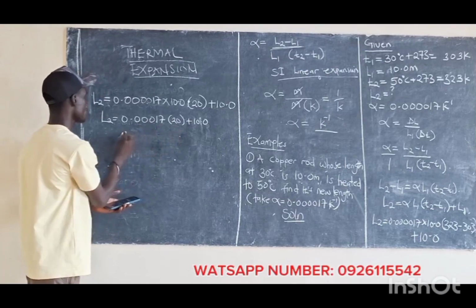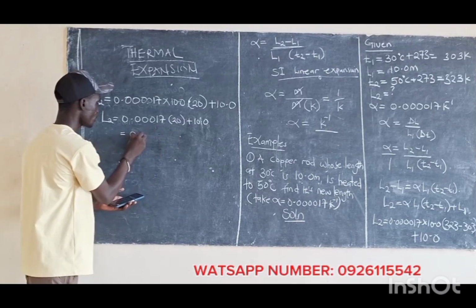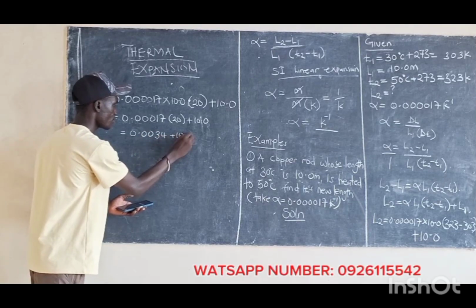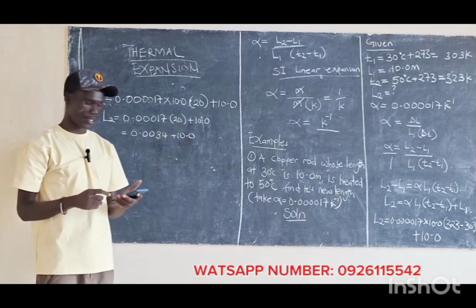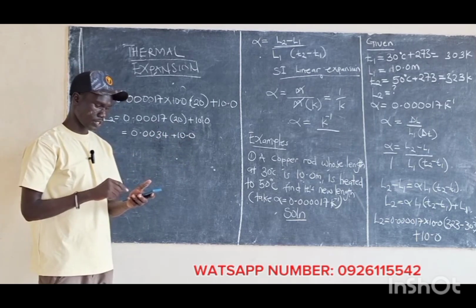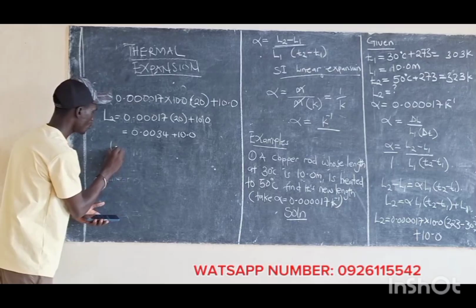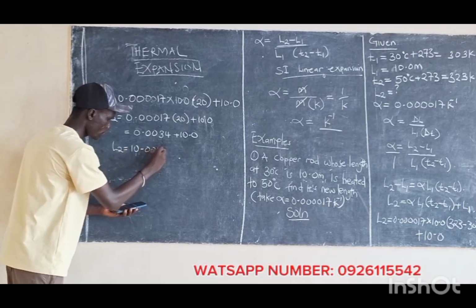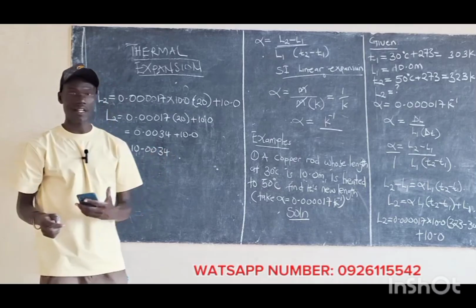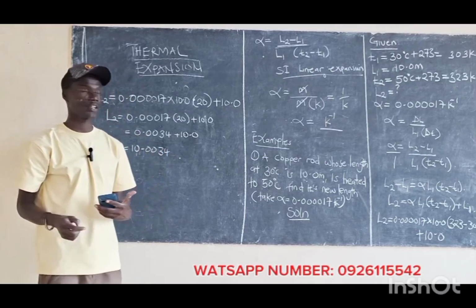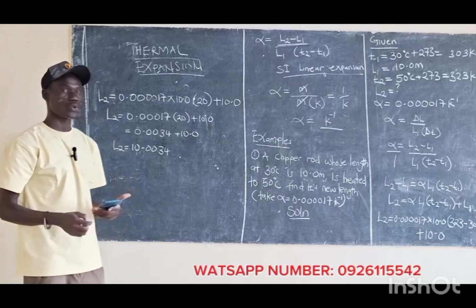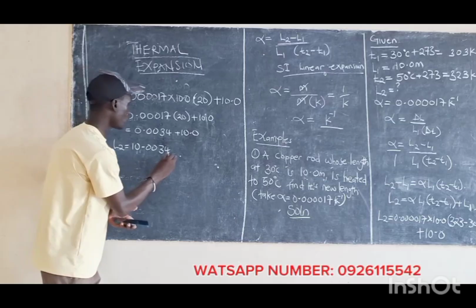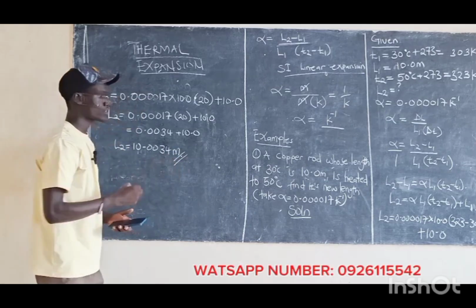We multiply this times 20, we are going to get 0.0034 plus 10.0. Now we are going to add finally plus 10.0. Therefore, we are going to get L2 equal to 10.0034. That is our final answer for this problem, L2 equals 10.0034. And our unit for length is in meters.